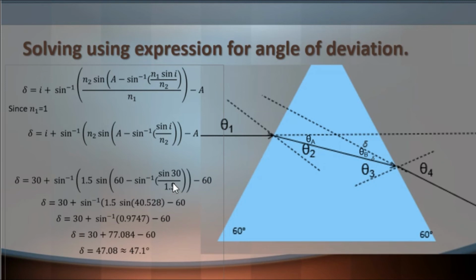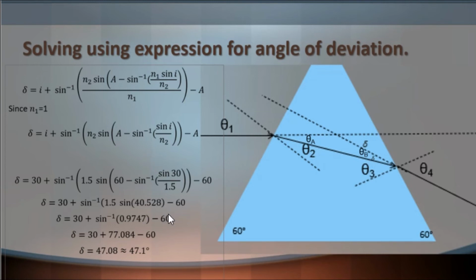Therefore, we can plug the values into the respective coefficients inside the formula, so that will give us 47.1 degrees, similar to the previous answer using the exterior angle theorem.